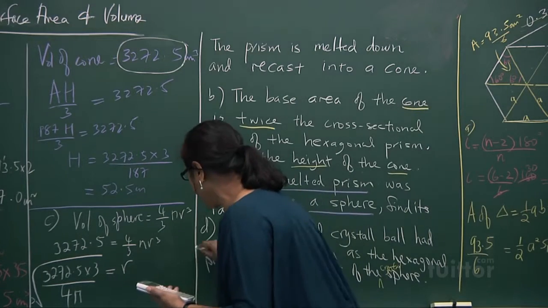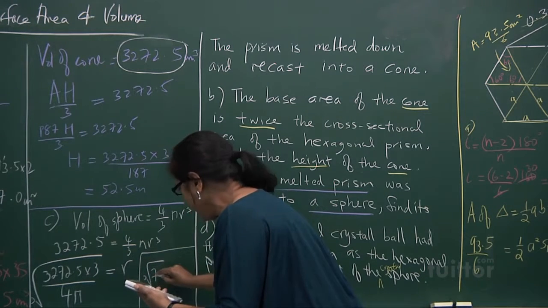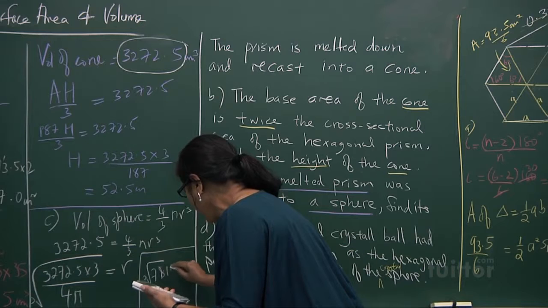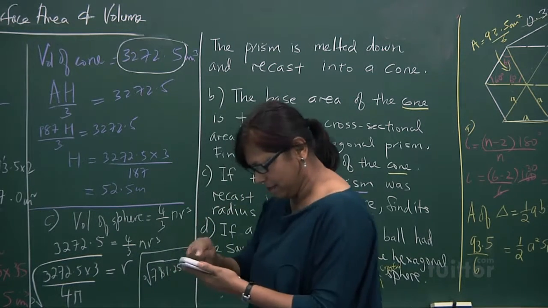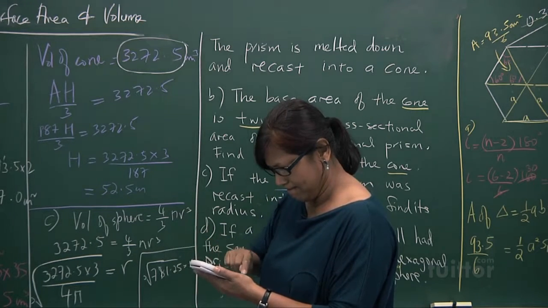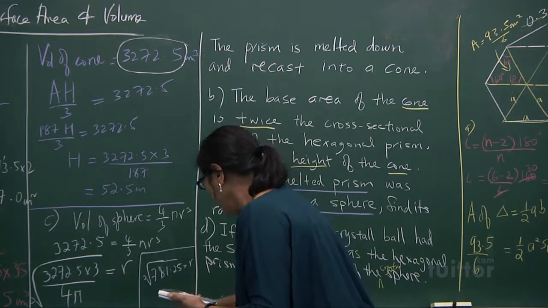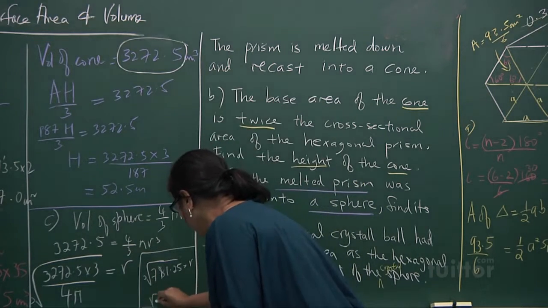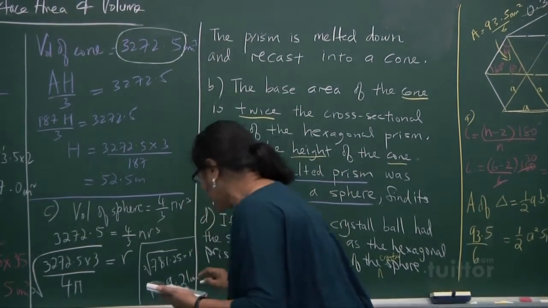781.25. Let me write that. So you've got the cube root of 781.25. And what will that answer be? The cube root of it, you get 9.21. Your radius will be 9.21 cm.